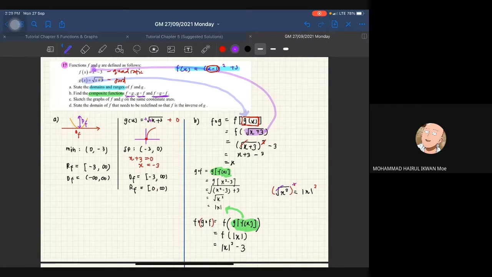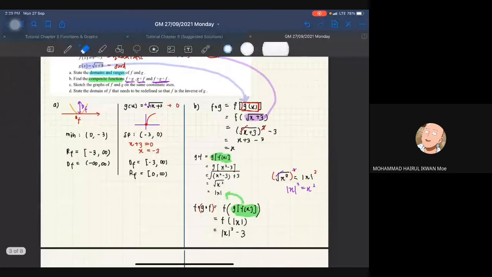So awak akan dapat modulus of x square is equal to x square. Okay, so this one, saya akan tukarkan dia. It will be equal to x square minus 3. Settle. Okay, so dah siap lah kita punya composite function.